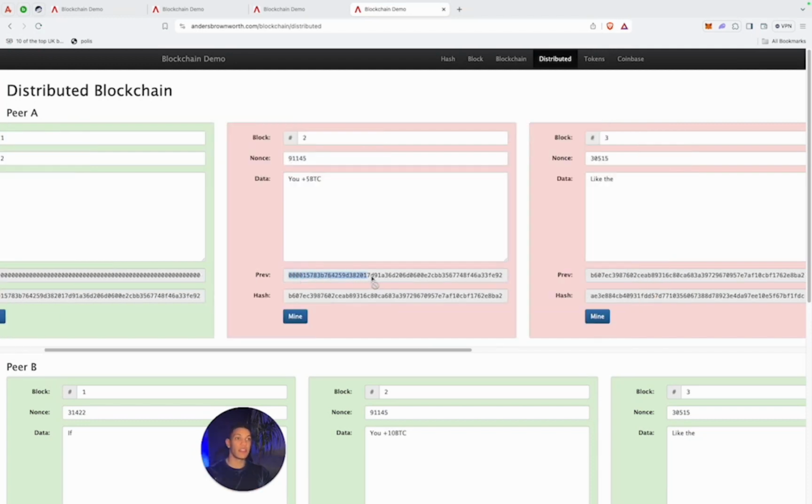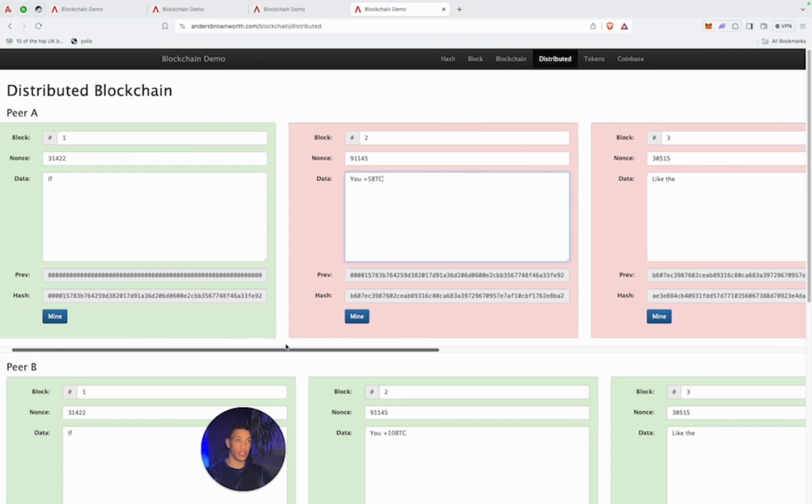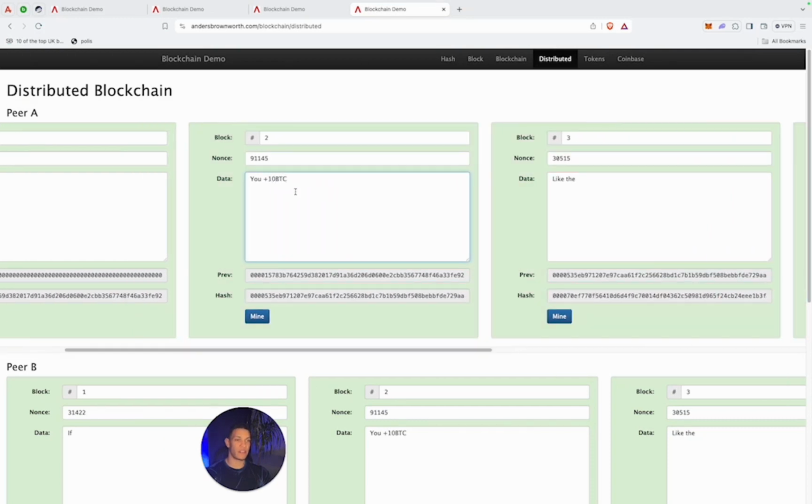And as you see, this hash has changed, and due to this has changed the whole chronology of the blockchain. So it doesn't matter if we change anything in this data column, or if it's the nonce, or if it's just the block number.